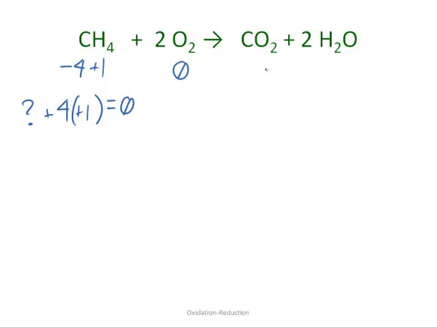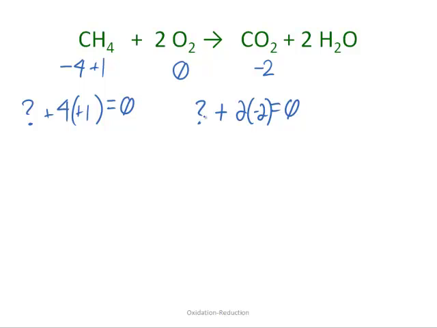Okay. Using the rules, we know that we're going to apply a -2 charge to oxygen first before carbon. We know that this overall has to equal the charge of this molecule, 0. Because there are 2 oxygens, that's an overall charge of -4.